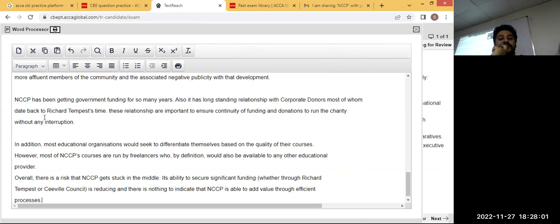However, most of the NCCP's courses are run by freelancers who, by definition, would also be available to any other educational provider. Overall, there is a risk that NCCP gets stuck in the middle. Its ability to secure significant funding, whether through Richard Tempest or the Cable Council, is reducing, and there is nothing to indicate that NCCP will be able to add value through efficient processes.